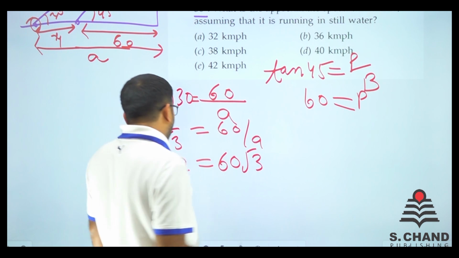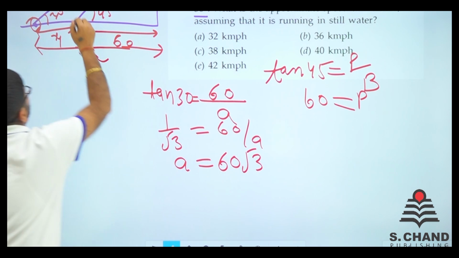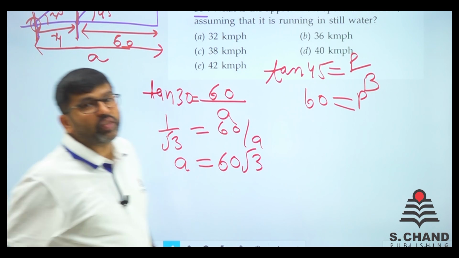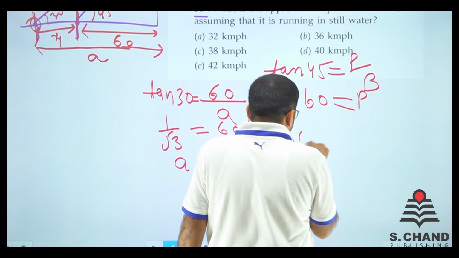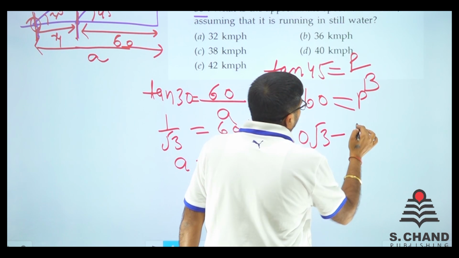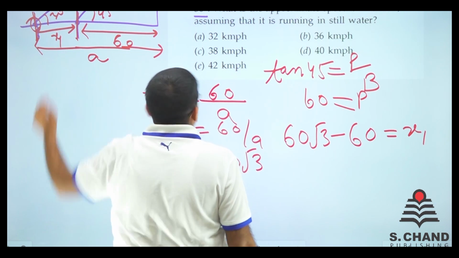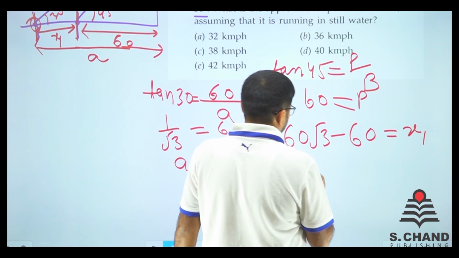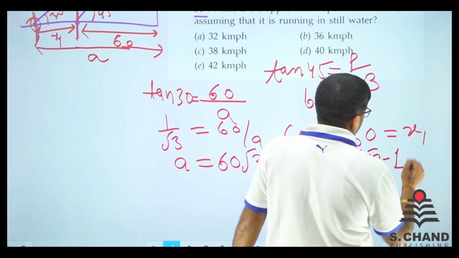So actually what we see is the distance traveled, this portion, in 5 seconds. In 5 seconds, he has traveled 60 root 3 minus 60. That is what x1 is. So x1, the distance, is 60 common, root 3 minus 1.